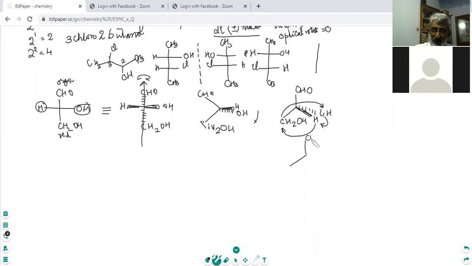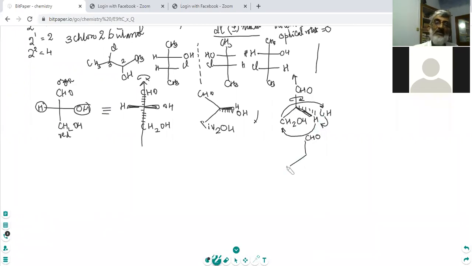We are rotating this molecule along this axis, only rotating along this single bond. Along this single bond, we are rotating the molecule. There are three legs here. See here. The three legs are getting interchanged, one over the other.